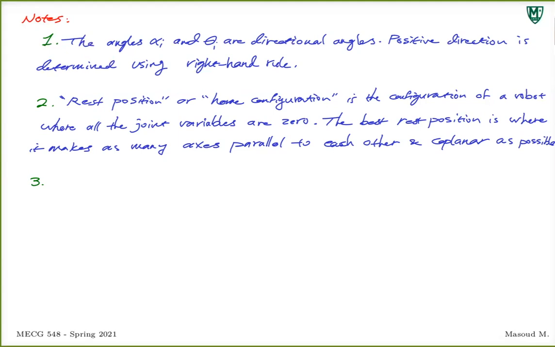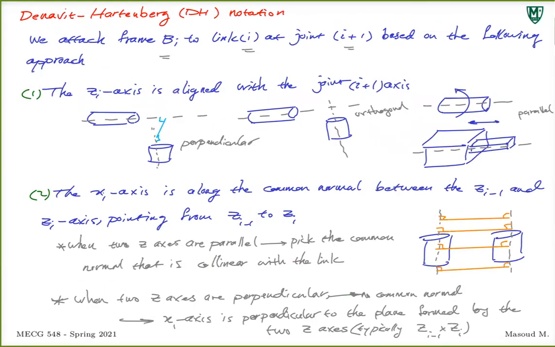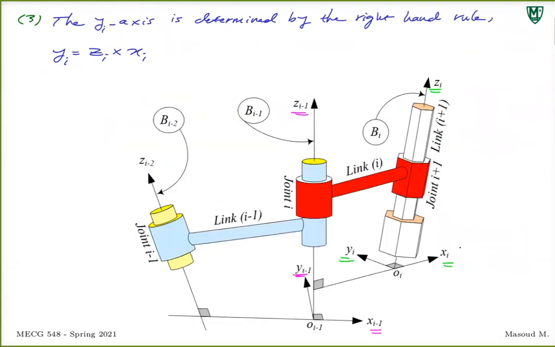Third thing I want to mention is about the x-axis direction. When I was talking about making the x-axis, I said it is along the common normal between the zi minus 1 and zi axis, pointing from zi minus 1 to zi. That's the general rule. As you see here, xi is pointing from zi minus 1 to zi.